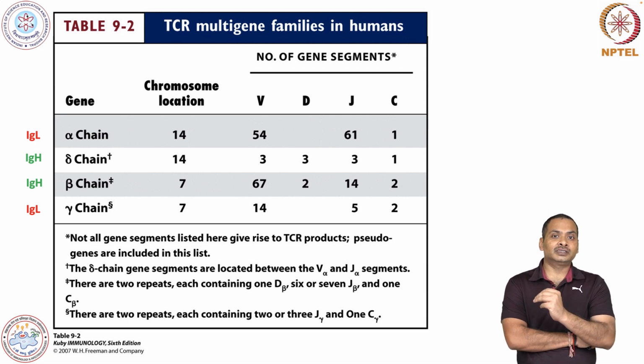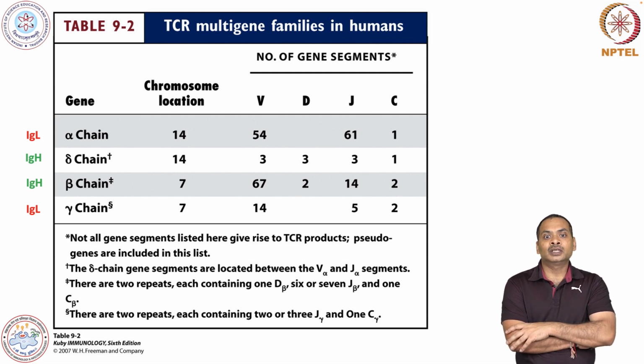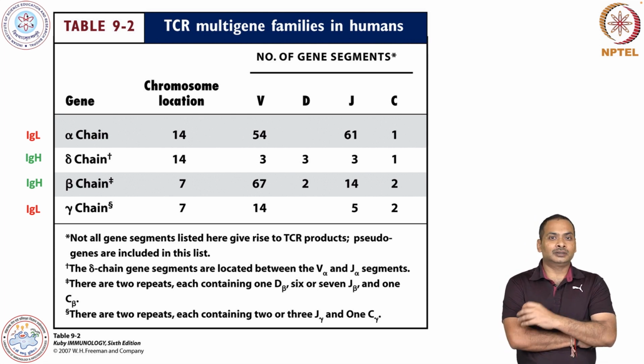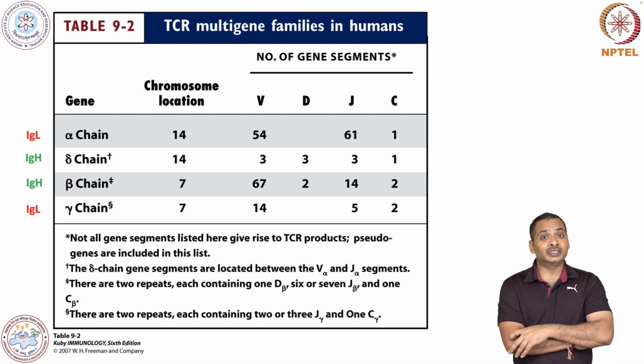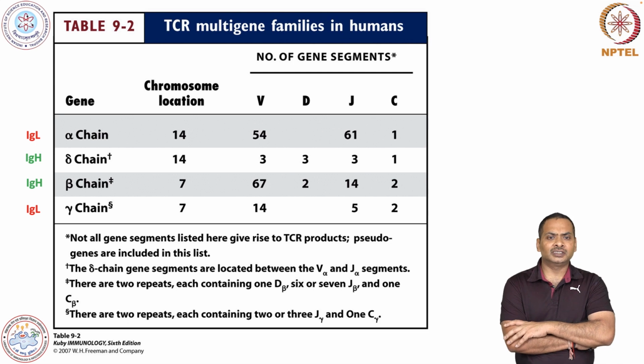So alpha is similar to the light chain of an antibody. If you remember antibody diversity, there is no diversity region in the light chain. Only the VJ region is there.